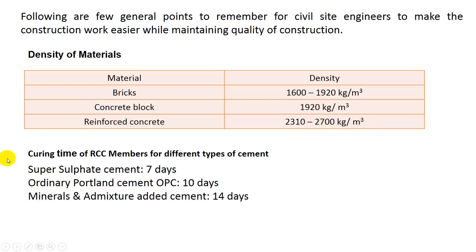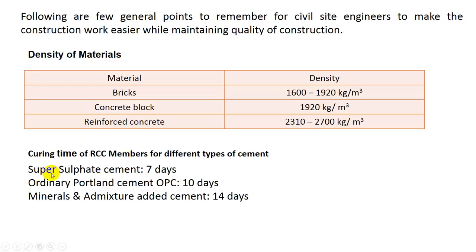Then we'll know about another important topic, curing time of RCC members for different types of cement. I mean for which type of cement, how many days we cure our concrete member.